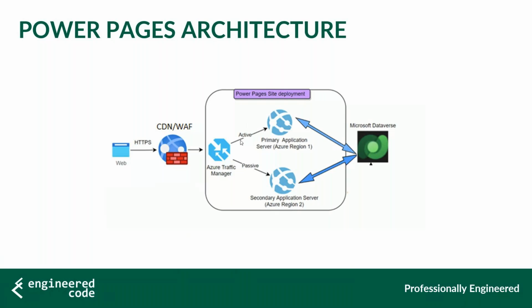If you make a change through the XRM Toolbox, or through the Portals Management app, the Power App, those are not going through the Power Pages web server. All those changes go into Dataverse, and the Power Pages web server doesn't know about them. That's where you can end up with data that is up to 15 minutes old, because unless the cache is cleared, it doesn't know about those changes.